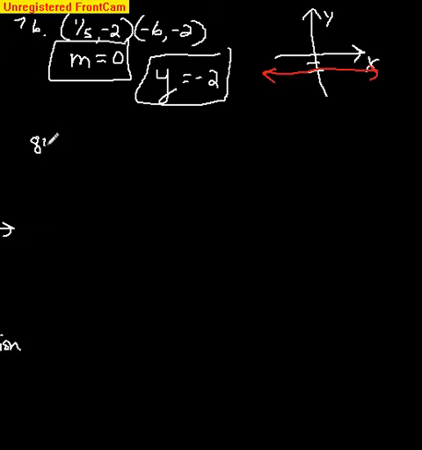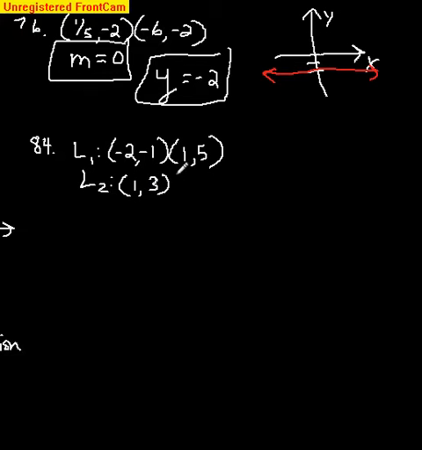You are to determine whether the two sets of points are lines that are parallel, perpendicular, or neither. So you're given line 1, it's -2, -1, and 1, 5. Line 2 is 1, 3, and 5, -5.